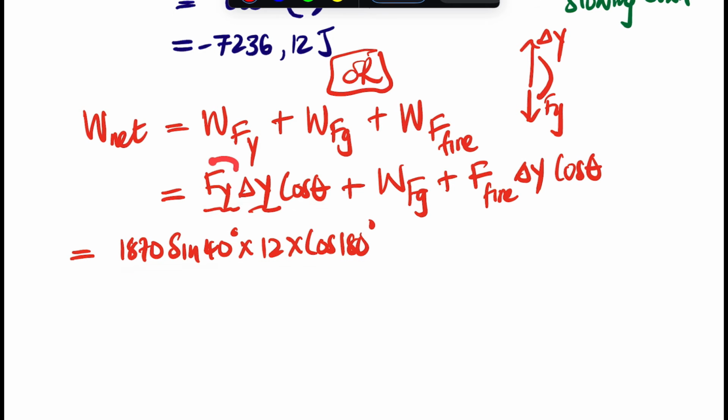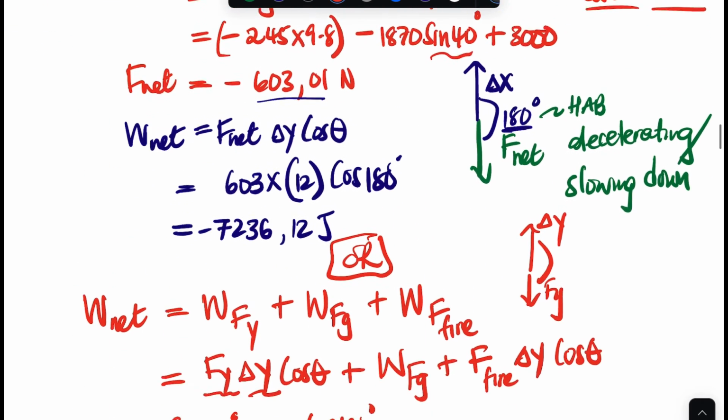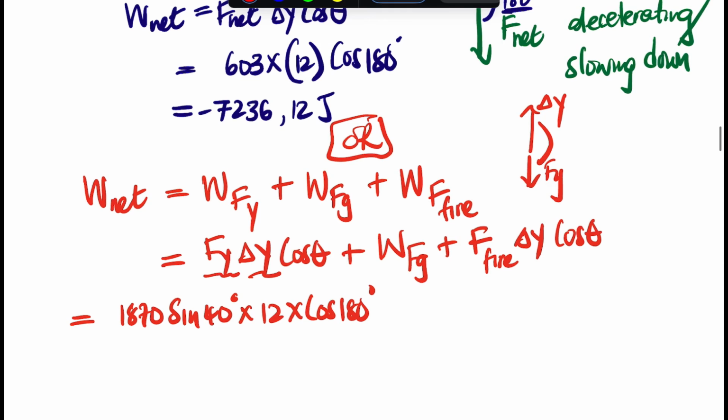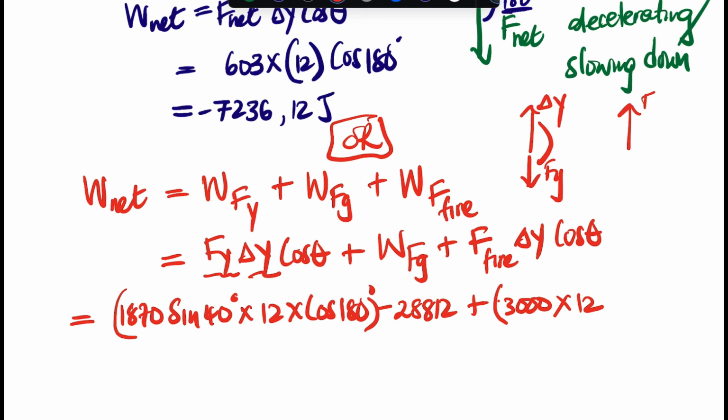This is Fy only, and then the displacement, which is 12, and cos 180, just mentioned there, and then plus, the work done by gravitational force we already calculated, it was negative 28,812, plus, let's put this in a bracket, the force of fire, it was 3,000, and the change in y is 12, and the force of fire is going up, and the displacement of the object is also going up, right?